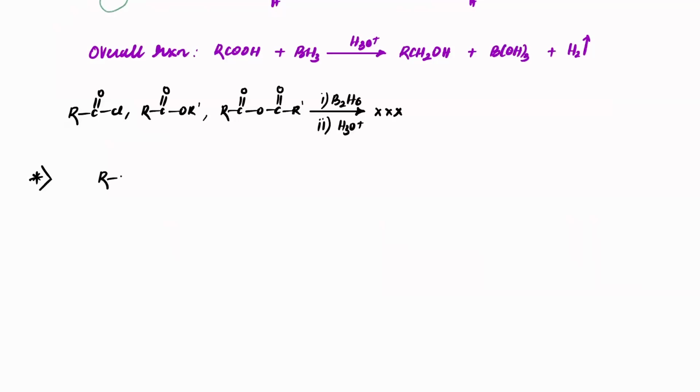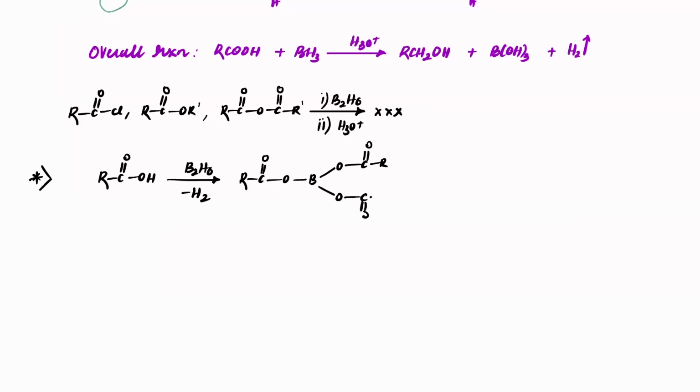What has been noticed is that RCOOH, when you react with B2H6, correct? Of course, one mole of H2 will be out, but the boron would be actually connected as an intermediate like this with 3 moles of it.